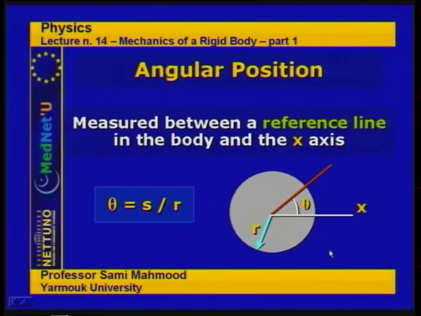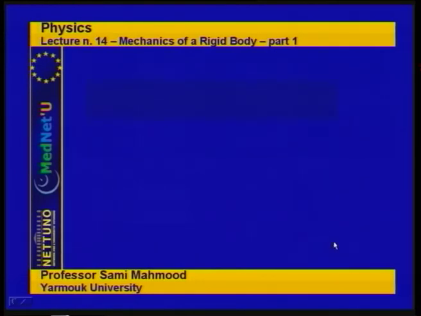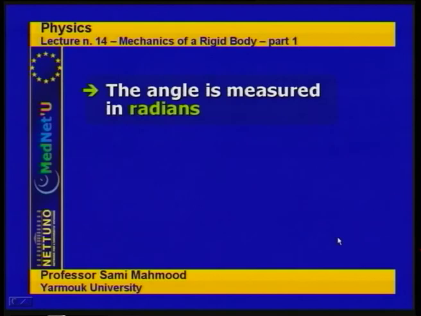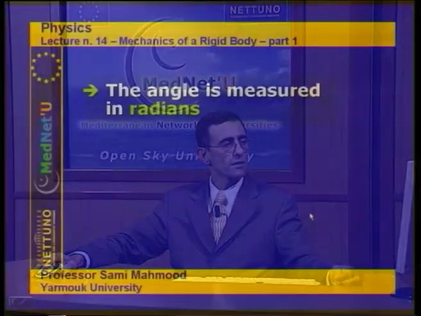So this is the angular position, equal to arc length divided by the radius, and the angle is measured in units of radians.